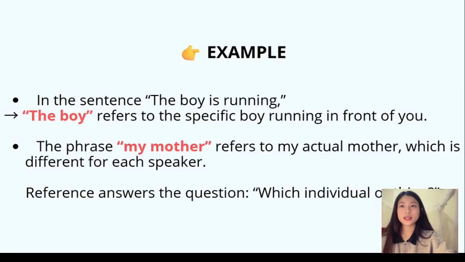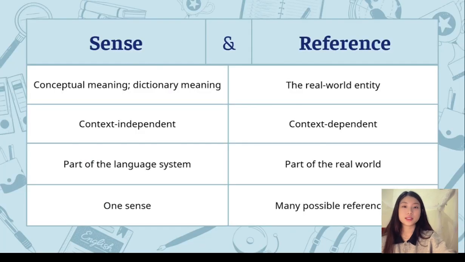And next is the difference between sense and reference. To summarize, sense is the meaning inside the language. Reference is the real world object that the expression points to. Sense answers the question, what does it mean?